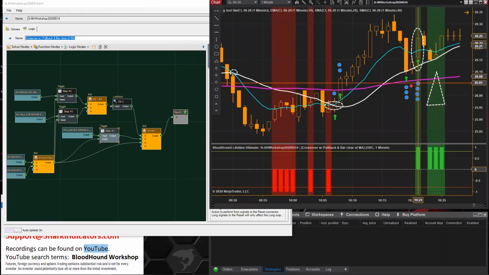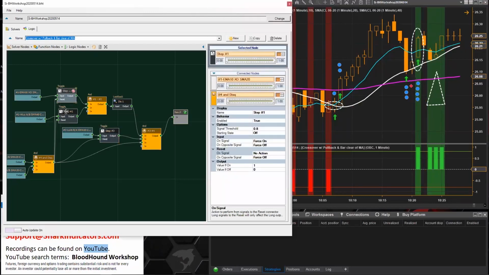When step 4 occurs, we can use that condition to also turn off the toggle nodes. But we don't want to turn it off on the step 4 bar. We want to wait until one bar after. So the bar after is when we want to turn off our toggle nodes.